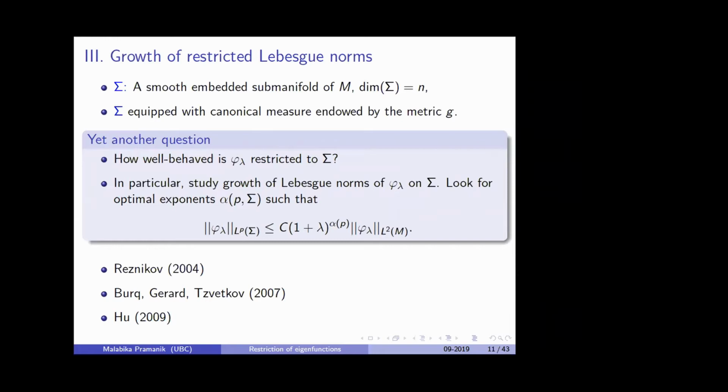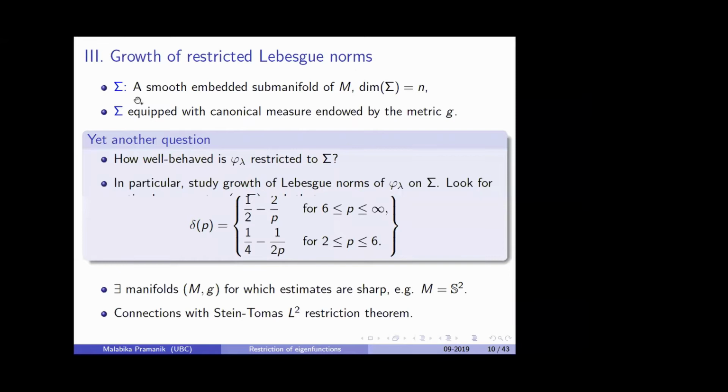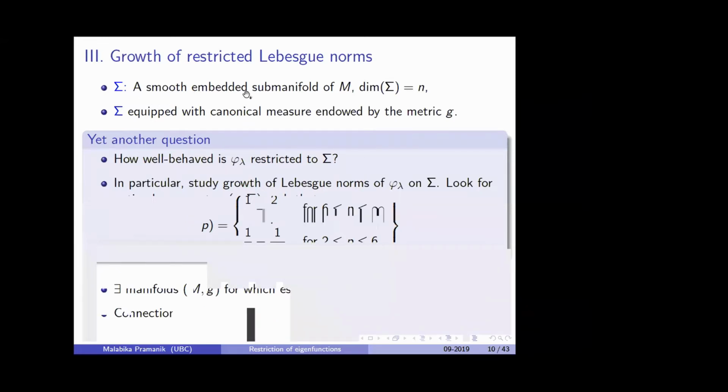The growth of Lebesgue norms prompts one to ask a more refined question. What about restricted Lebesgue norms? What do I mean by that? Suppose that sigma is a smooth embedded submanifold of dimension n sitting inside capital M. How well behaved is an eigenfunction restricted to sigma?